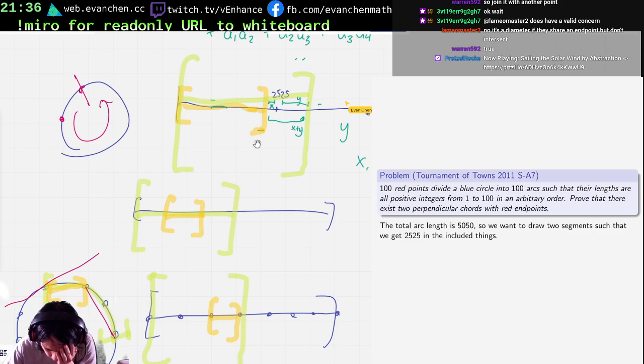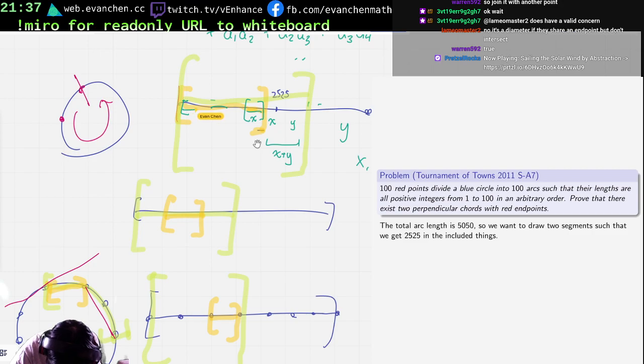How do I do the negative of... So X is either exactly here or exactly here.